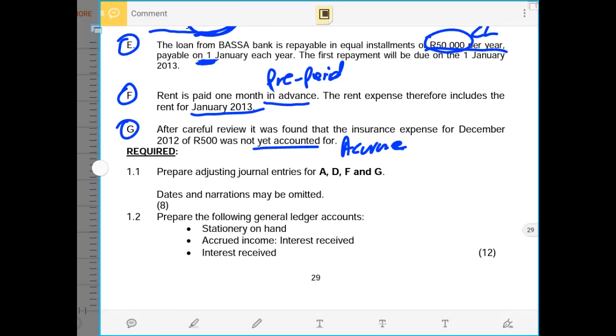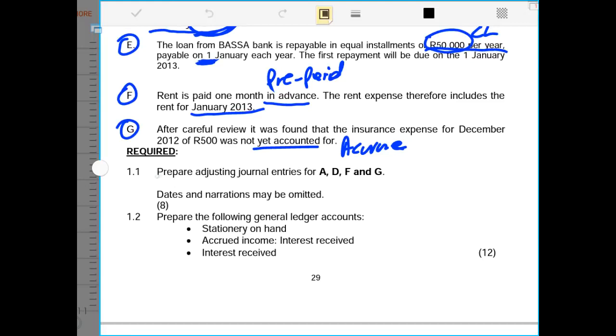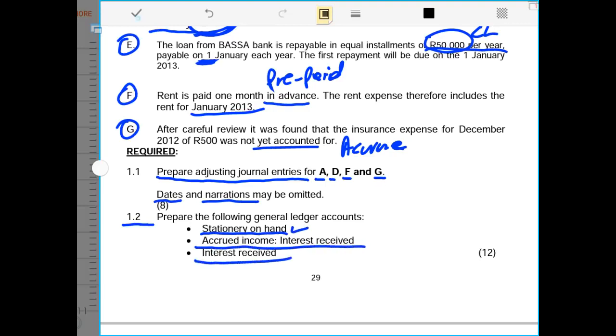And we are given the requirements after this information has been provided. Then under 1.1, it says we must prepare adjusting general entries for number A, number D, number E, number F, and number G. And they say dates and narrations may be omitted or are not important. Then 1.2 says we must prepare the ledger account for the stationery on hand, ledger account for the accrued income, and ledger account for the interest income.